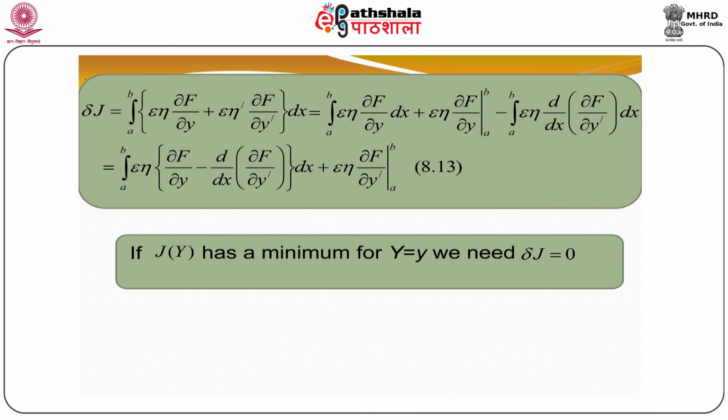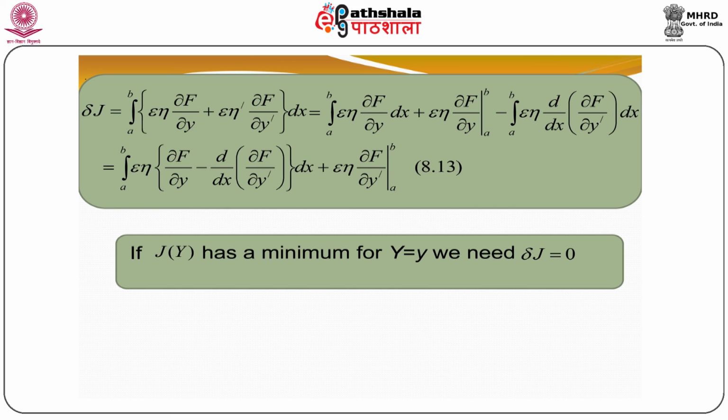If we take the variation of J, we get delta J equal to the integration from a to b of epsilon eta del by del small y of capital F plus epsilon eta dash del by del small y dash of capital F into dx. Next, we have to integrate this term using integration by parts.